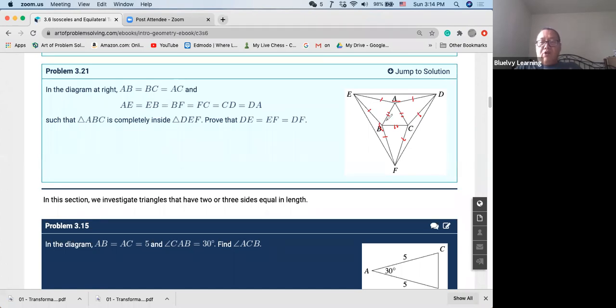To get these two angles congruent, first let's calculate this angle. Because ABC is an equilateral triangle, this one equals 60 degrees. Then AE equals BE, so this angle equals this angle. Now let's calculate angle EBF.